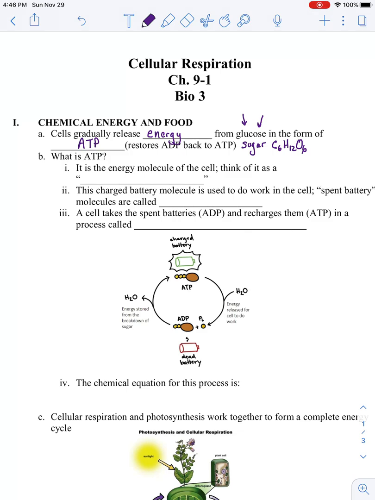Think of ATP as the energy molecule of the cell, and an even simpler way to think of it is as a charged battery. That charged battery has the ability to do work in the cell.